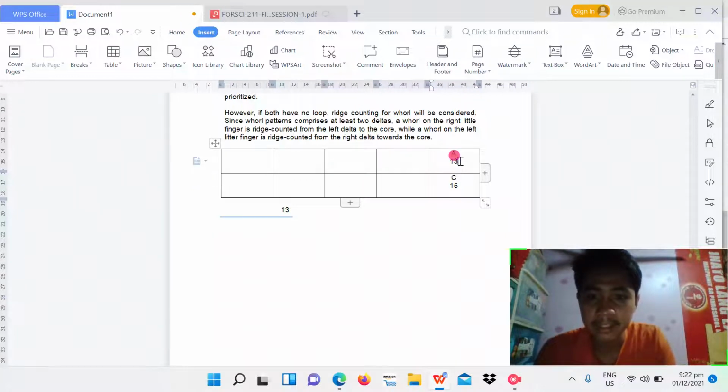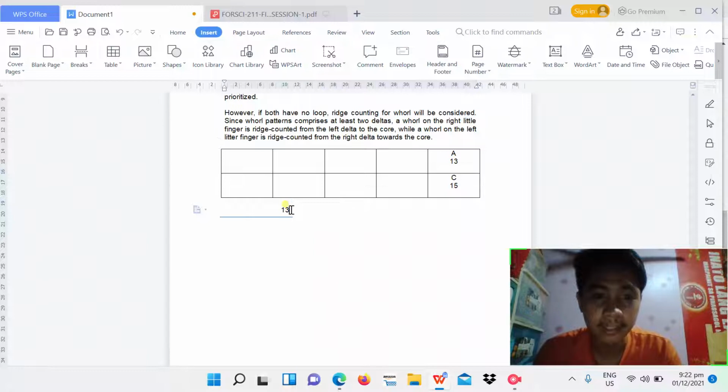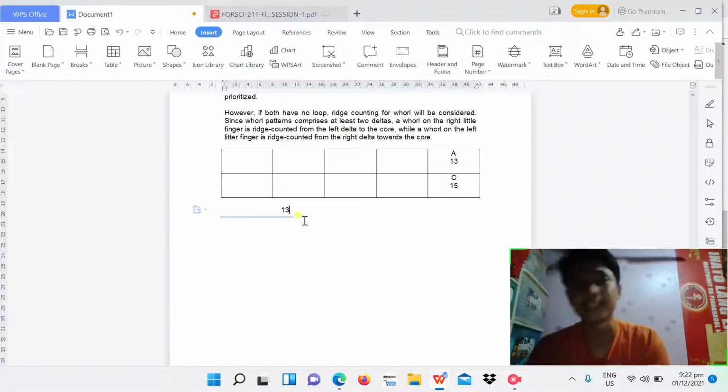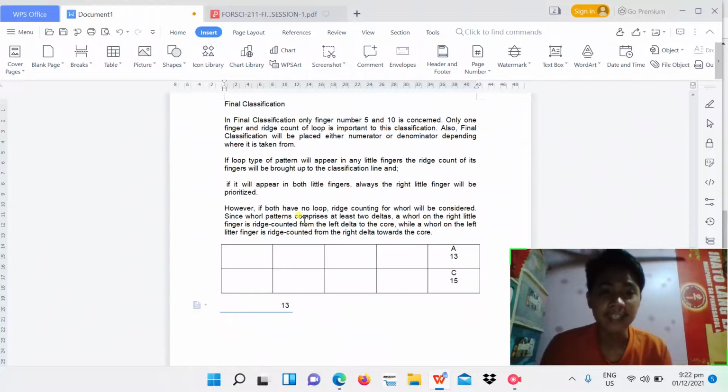So if the accidental whirl has a ridge count of 13, you will put 13 on the numerator side of the classification formula. So that is how you get the final classification, and that could be all.